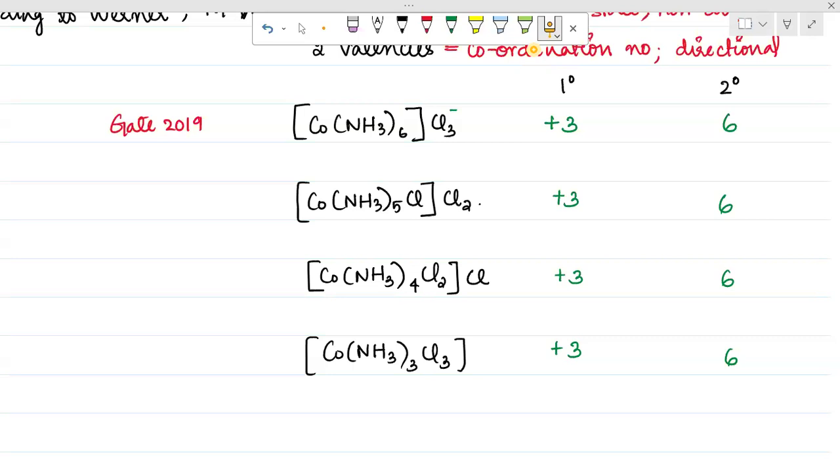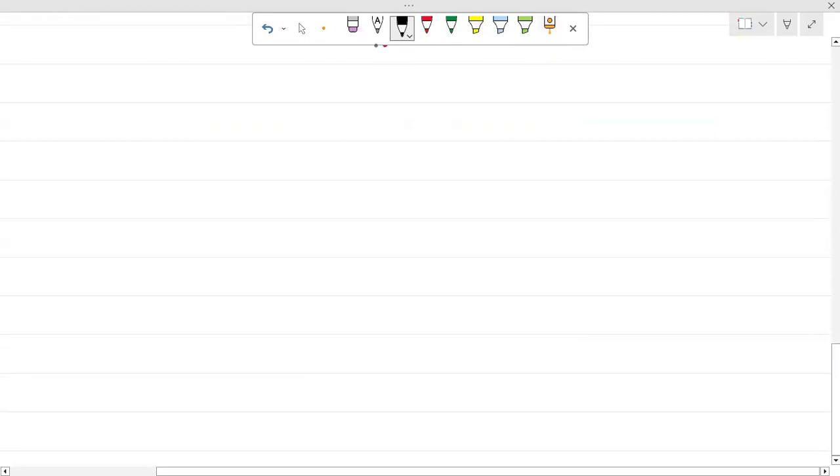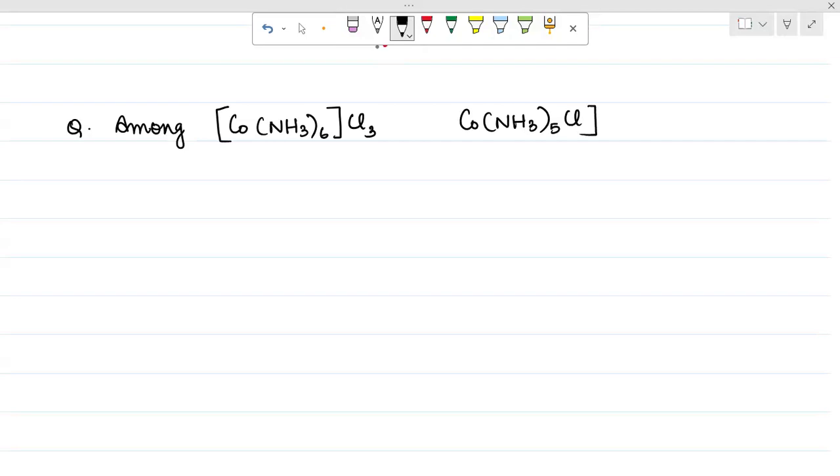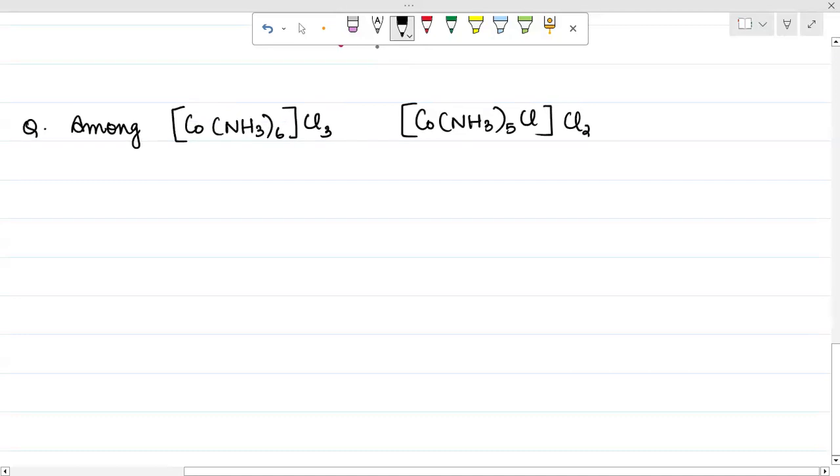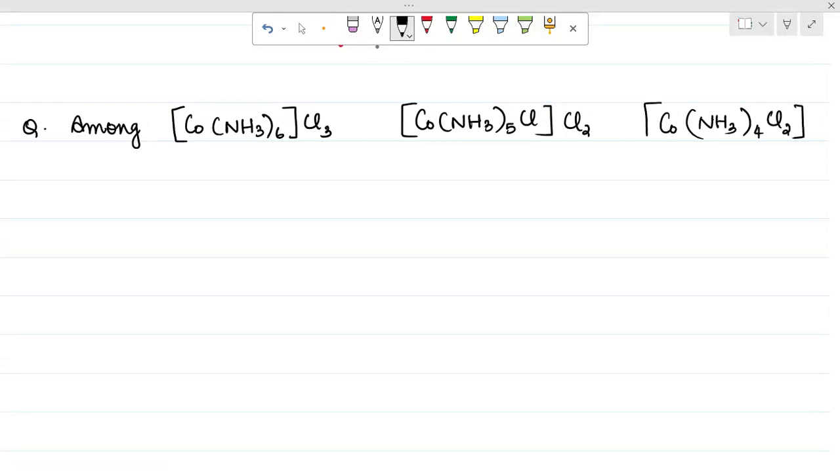So let's take a few complexes and the question. Again, another type of question that is asked is the question among Co(NH3)6 Cl3, Co(NH3)5 Cl Cl2, and Co(NH3)4 Cl2 Cl.